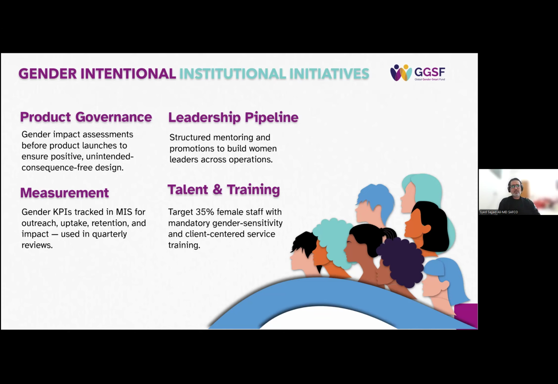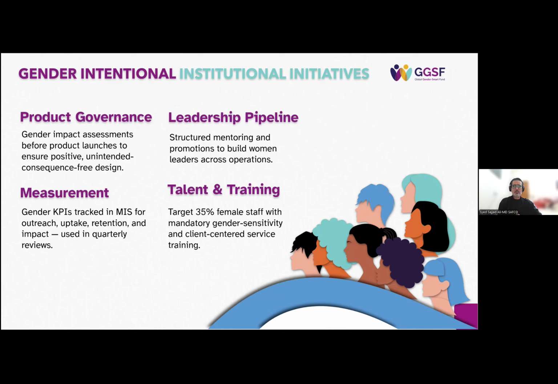And ultimately, to interact with the women, we envision increasing the women staff in our institution, particularly at the level of loan officer and business development officer. So we introduced an internship program. We restructured our hiring policy specifically for women.